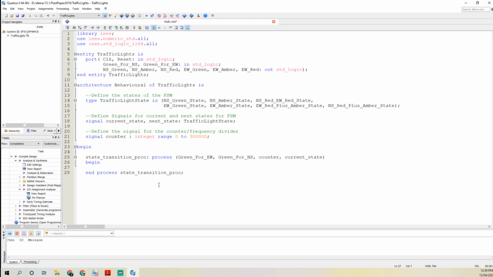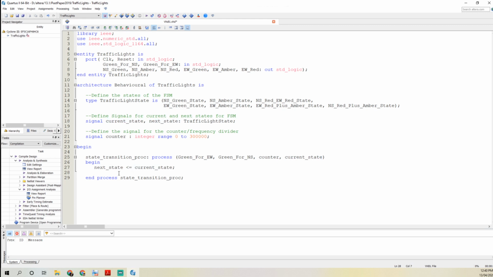All right. The first thing you would like to do for this process is to state that your next state is going to be assigned the value of your current state. And the purpose of this is if one of these signals causes this process to reawaken and there's no logic for the next state to transition, then we want to keep the next state as it is.